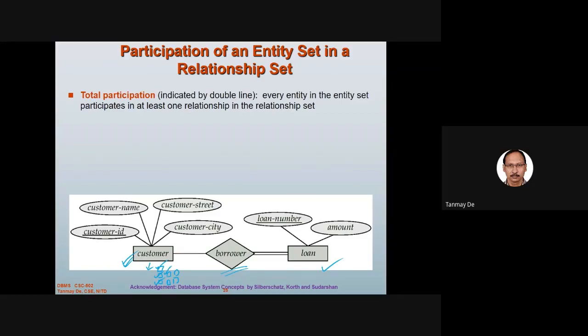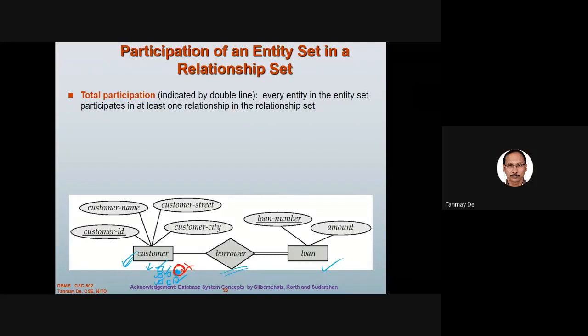But say this solid one is not taking any loan from the bank, but this customer has an account in the bank. So this customer entity is present in the customer entity set, but does not participate, not taking any loan from the bank.